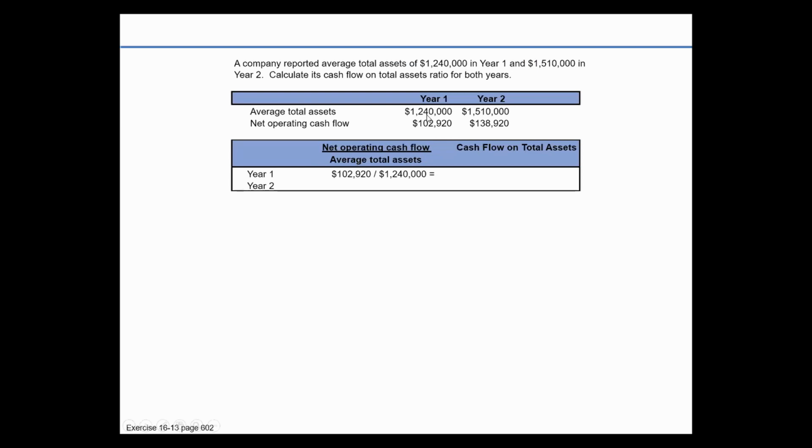If we look at year one, we see 102,920 divided by 1,240,000 gives you a cash flow on total assets of 8.3%. And then you can do the same thing for year two, which comes out to 9.2%.